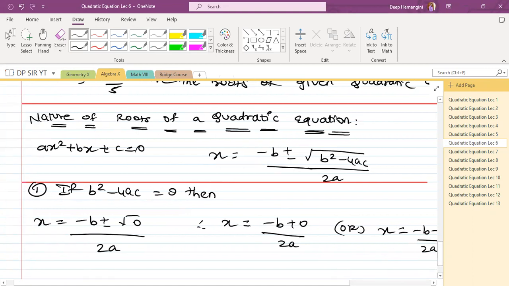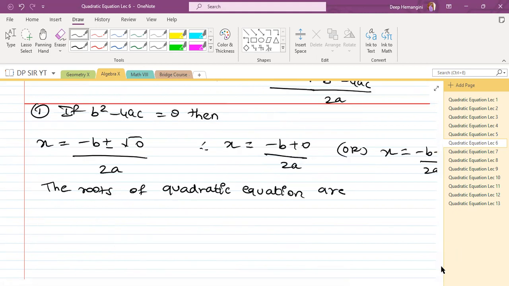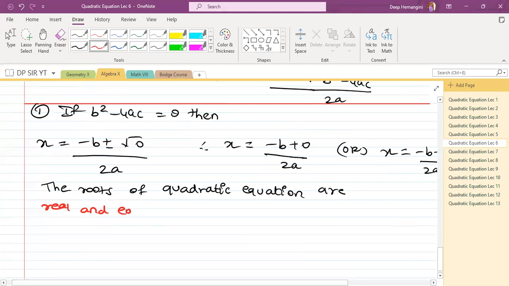These are two possibilities, plus and minus here. Therefore, in this case the roots of the quadratic equation are real and equal.